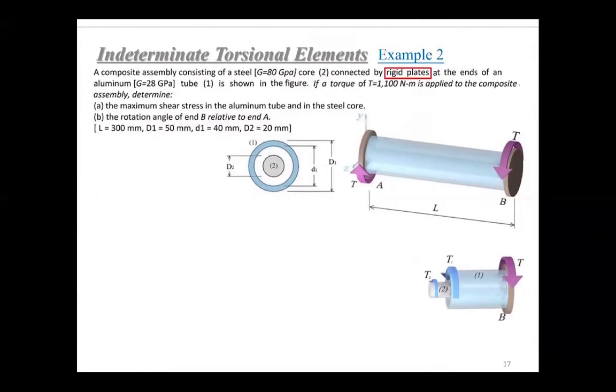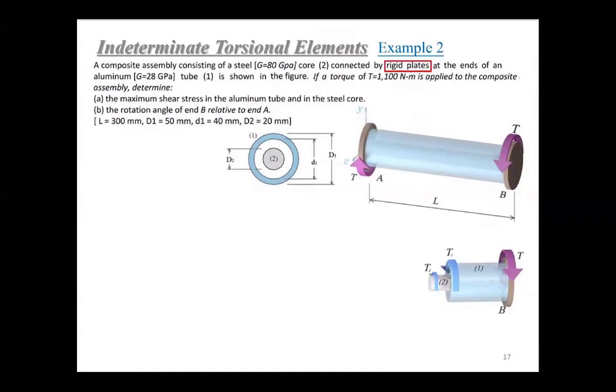Then example 2 will be an exercise of another scenario, when these two are perfectly bonded together. In this case, you can see that these two segments are connected by a rigid plate, meaning that they will always rotate in the same way. They will always have the same phi values, okay?